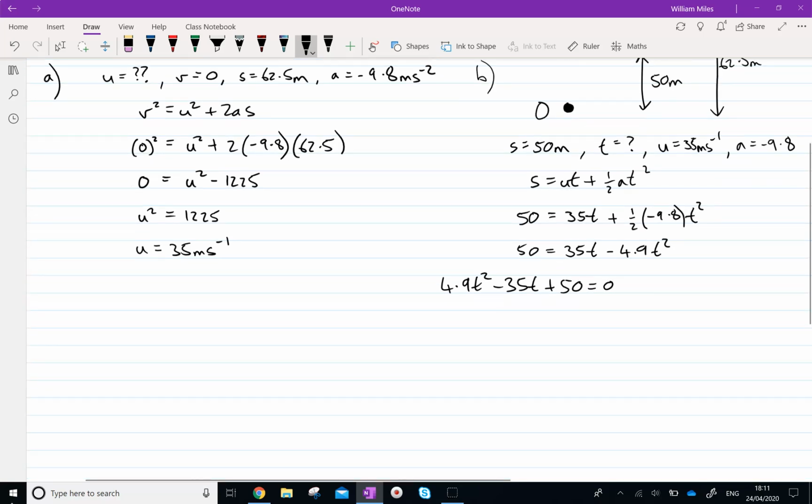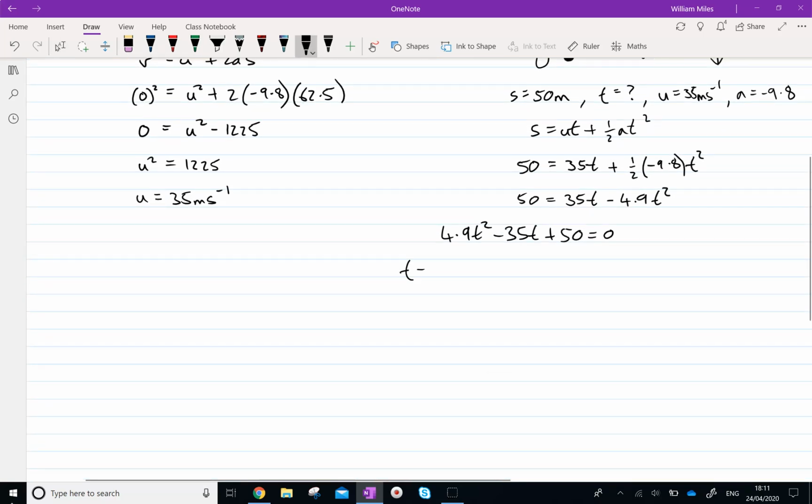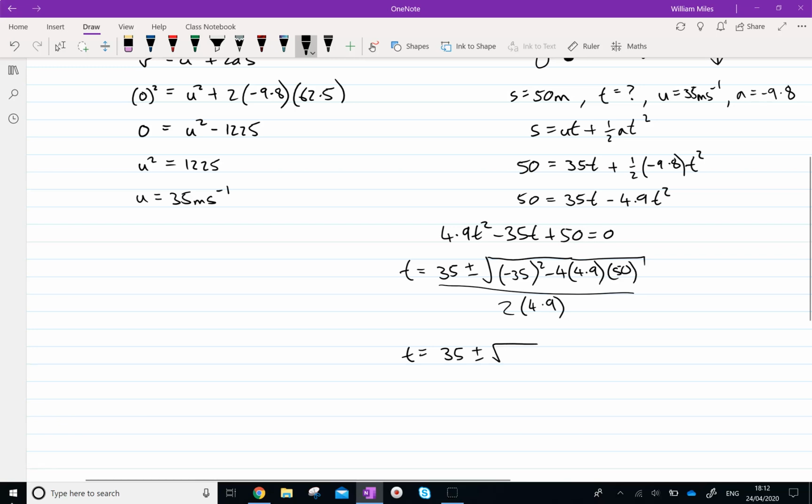I'd probably just go straight in and use the quadratic formula on this. So T will be minus B, so minus minus 35 is plus 35, plus or minus the square root of B squared minus 4AC, all over 2 lots of A. If you simplify the bit underneath the square root, you get 35 plus or minus root 245 over 9.8.